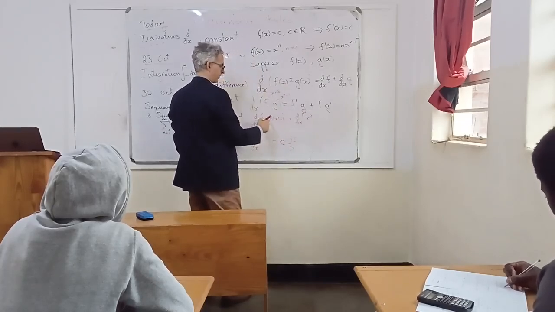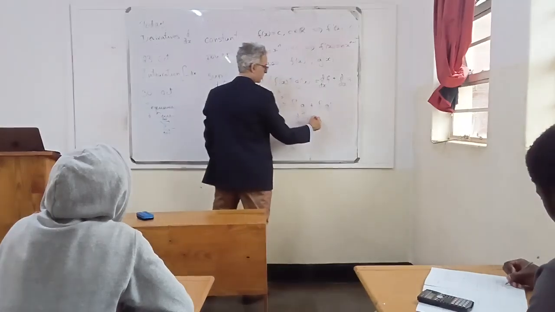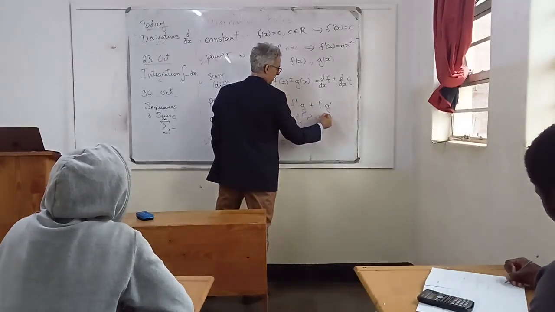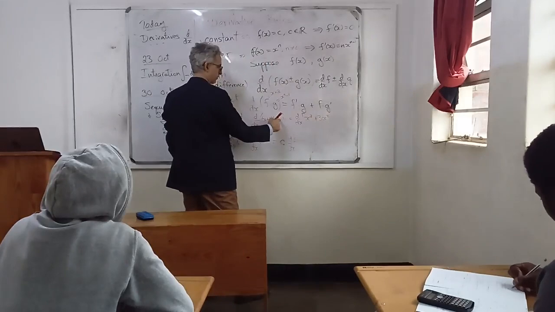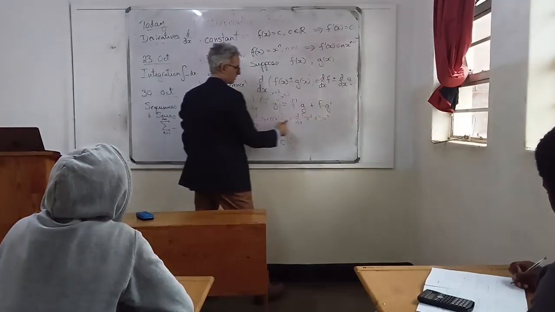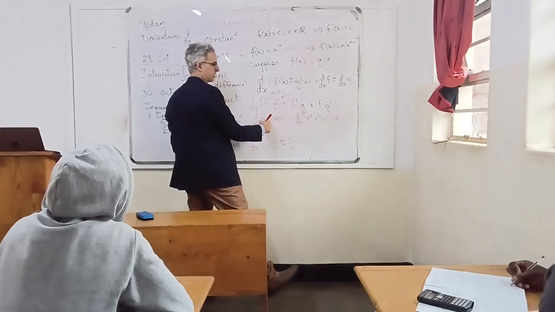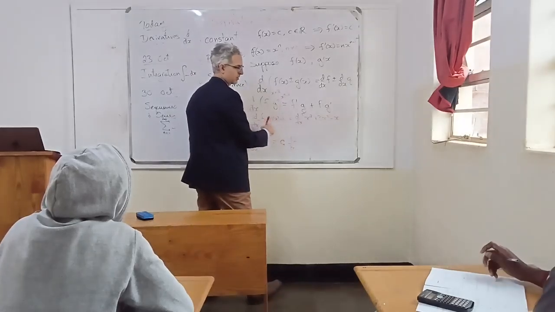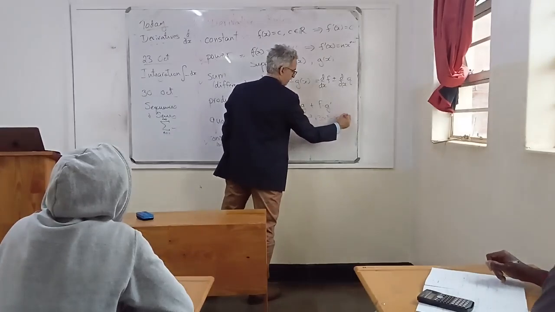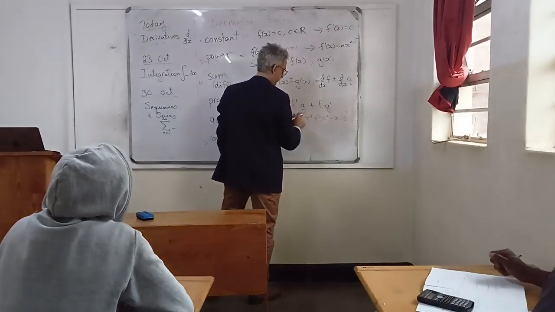X squared times 3, and they're both positive, is 3x squared. Minus 1 times x is minus x. And minus 1 times 3 is minus 3. Okay, so we have our polynomial.